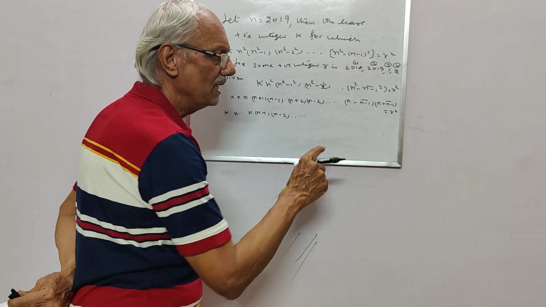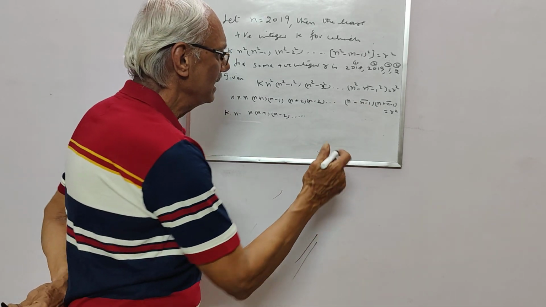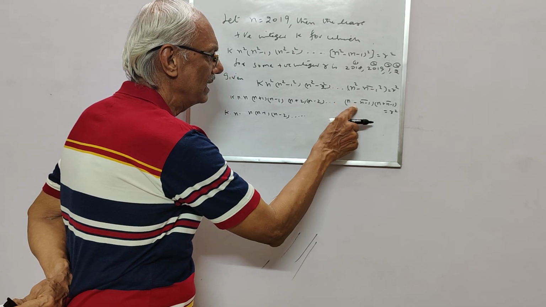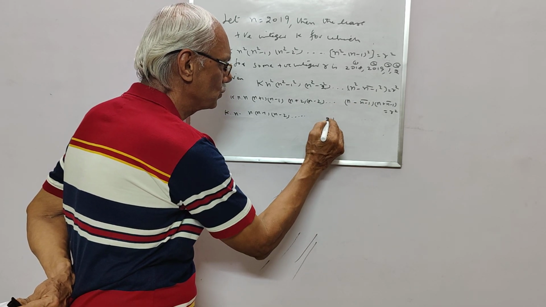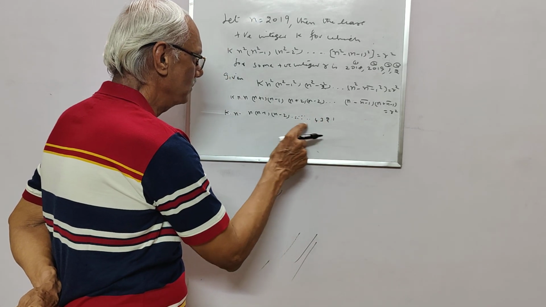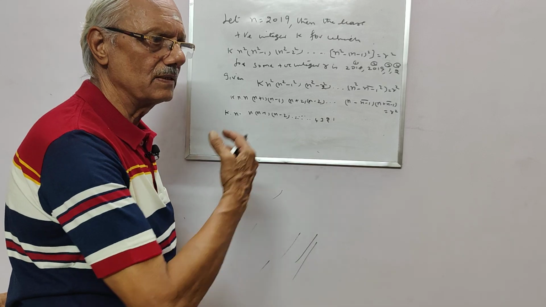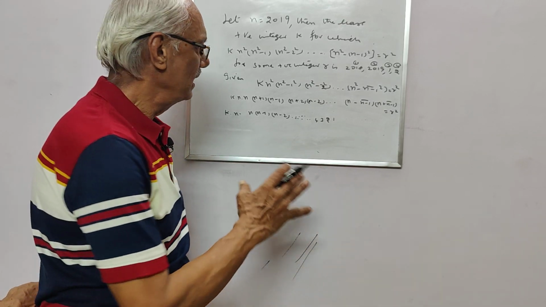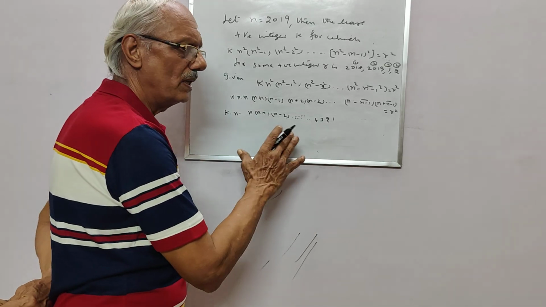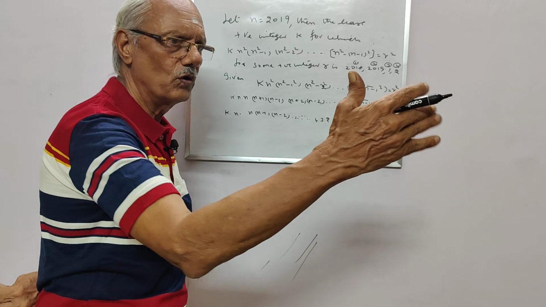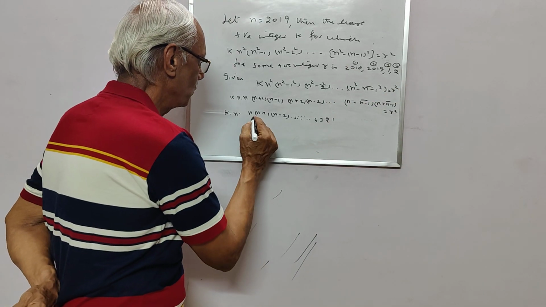So n and n will get cancelled, giving you 1. And before that, n minus 2 will be 2, then 3, then 4, like that it goes on. So it is ascending, 1, 2, 3, 4, 5, 6. If you take it like this, it is descending: n minus 1, n minus 2, n minus 3, n minus 4, 4, 3, 2, 1. So this is what you have here.